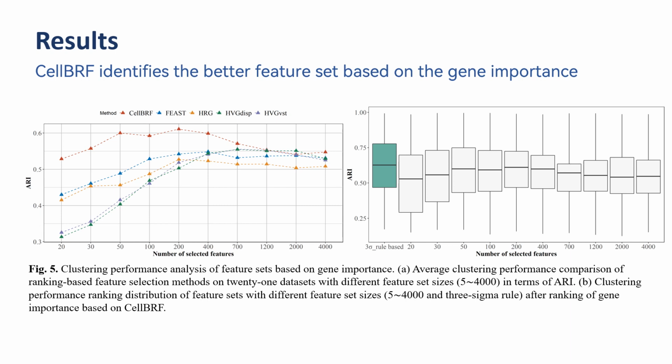As shown in Figure 5a, the genes ranked by CellBRF have remarkable clustering performance. This indicates that the importance calculated by CellBRF can effectively capture the roles of genes in cell clustering. We also compare the clustering performance of the feature sets with different sizes in Figure 5b. CellBRF can identify the optimal feature sets with the highest average clustering performance.